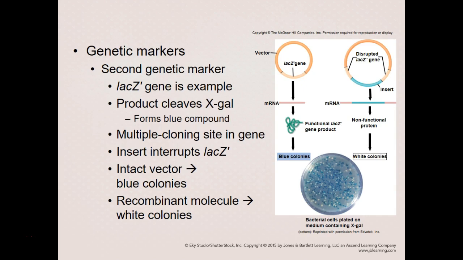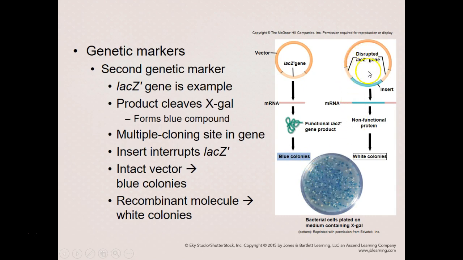And so in this case, we use a vector that has a LAC-Z gene. The LAC-Z gene allows us to produce a protein that breaks down lactose. So if the LAC-Z gene is intact, it will break down lactose, producing blue colonies.